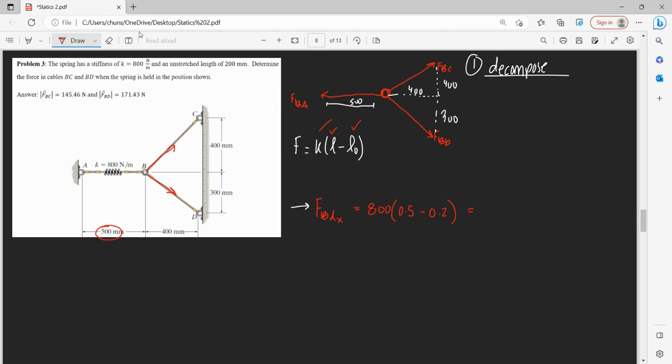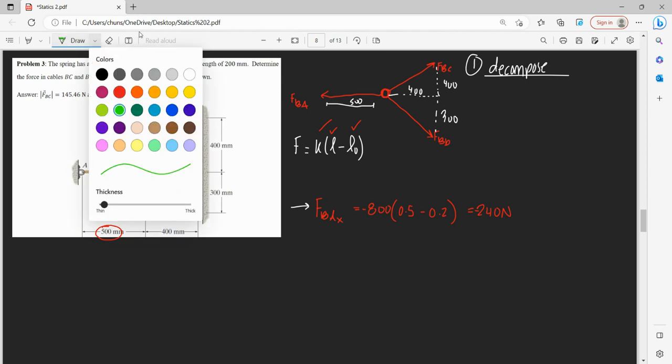That's 0.5 minus 0.2 times 800, which is 240 newtons. And this is in our negative X direction because it's pointing to the left, since it is in tension.